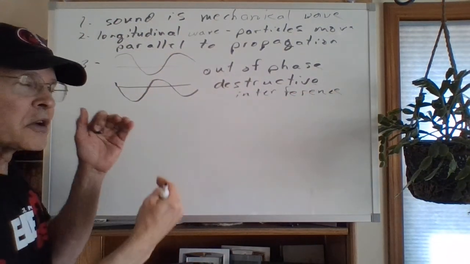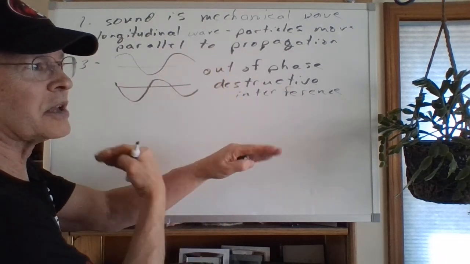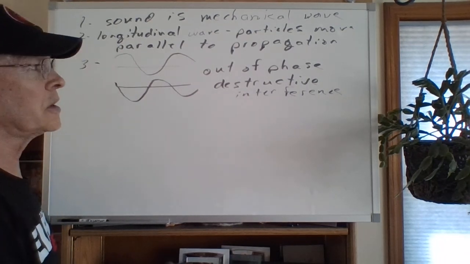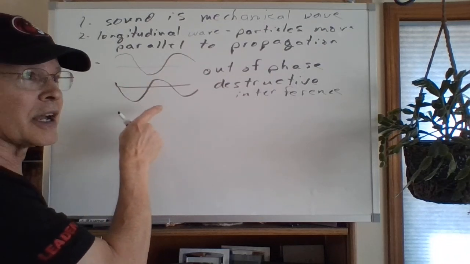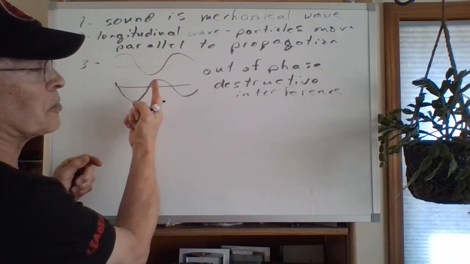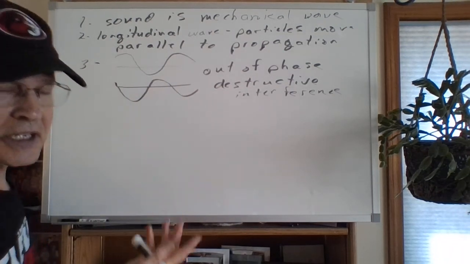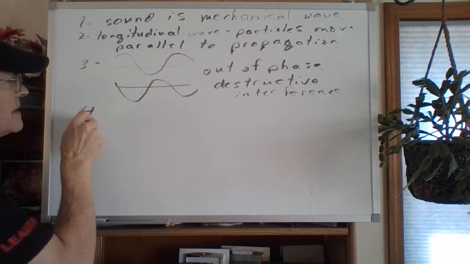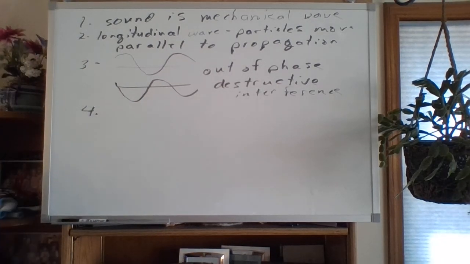They're exerting forces on particles. Two waves can go right past each other in the same medium and never stop each other or interfere. But if they meet at the same point at the same time, one may be trying to push up on the particle, the other is trying to push down on the particle, in which case that would be out of phase. In that sense, the net displacement would be zero. But they're not really destroying each other.